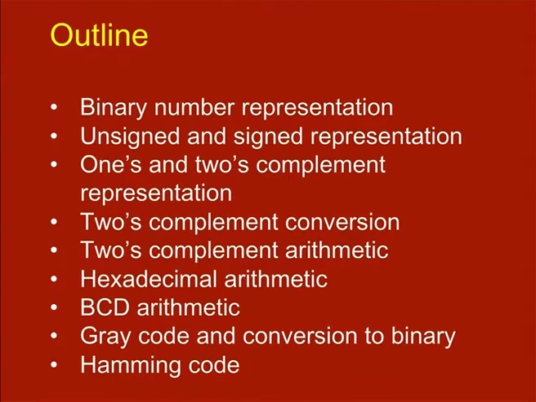Then we will discuss hexadecimal arithmetic and BCD arithmetic, and in the end we will discuss two types of codes, that is gray code and the conversion to binary, and finally we will discuss Hamming code.